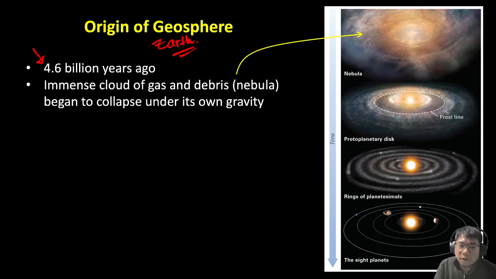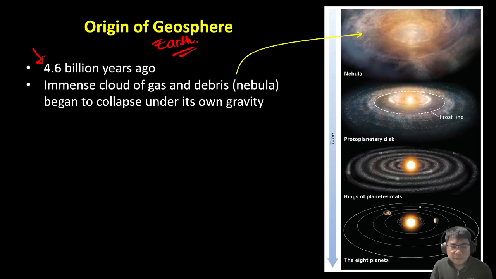The formation of the Earth. Well, when we learn about the formation of the Earth, we have to learn about the formation of our solar system, because the formation of the solar system allows the Earth to form, and every single object that we have in our solar system actually formed at the same time.